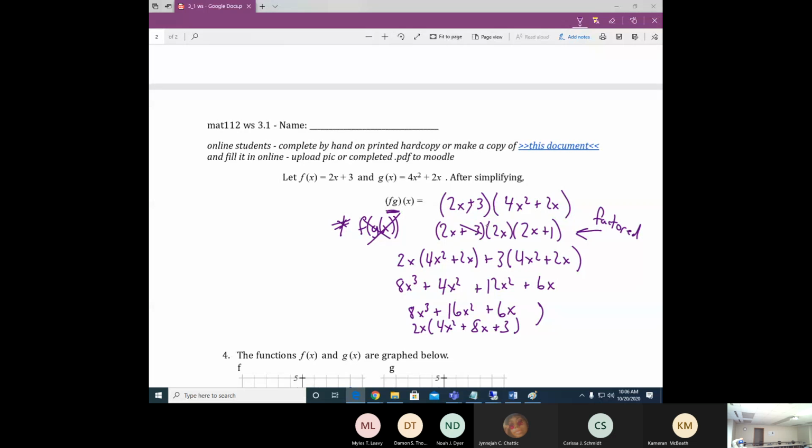And see how I got that very early. Sometimes this is actually more meaningful because I know where my crossings are. At x is 0, at x is -1/2, and x is -3/2. Yep. So why couldn't you just from the get-go do the 2x times 4x squared, 2x times 2x?